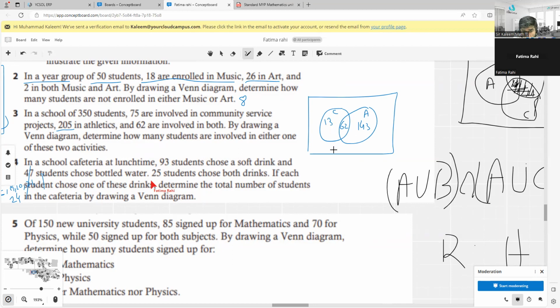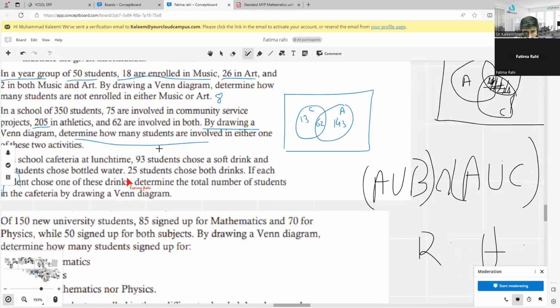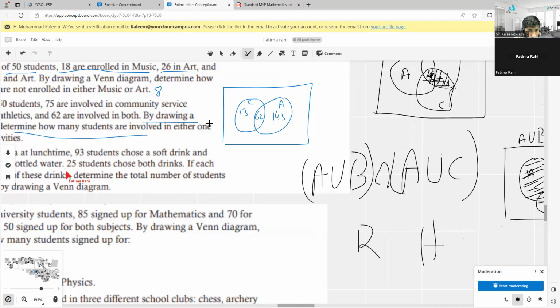Fatma, did you understand until this step? Okay, after that, what do we have to find? By drawing a Venn diagram, determine how many students are involved in either one of these two activities. You just have to find the union, A union C. This one is not hard work.